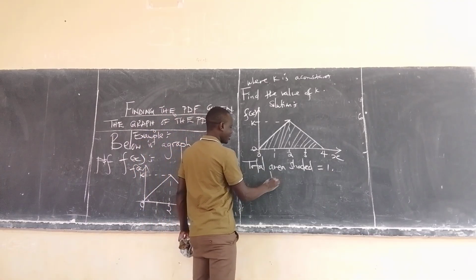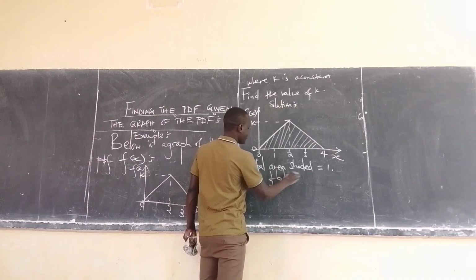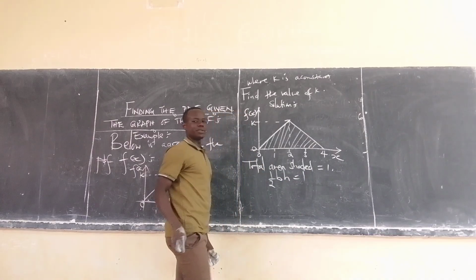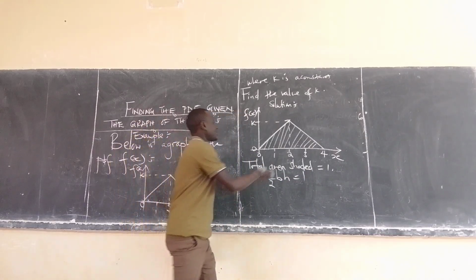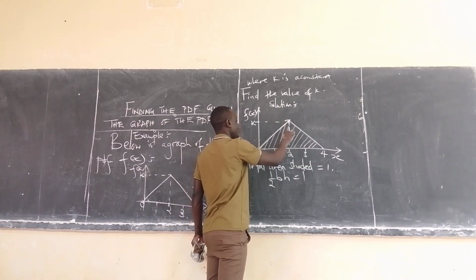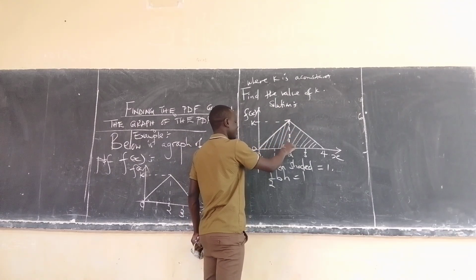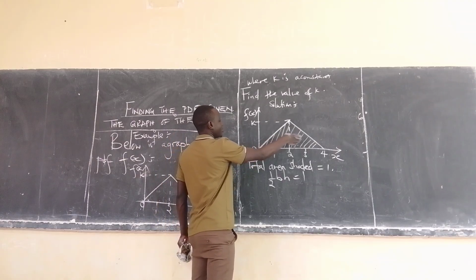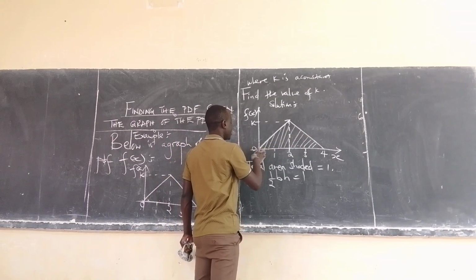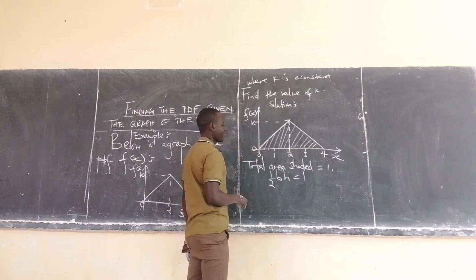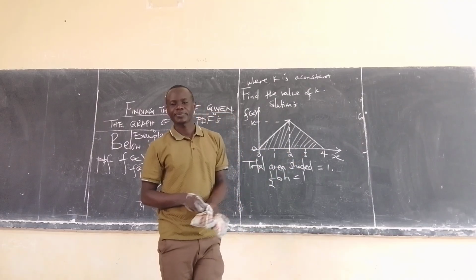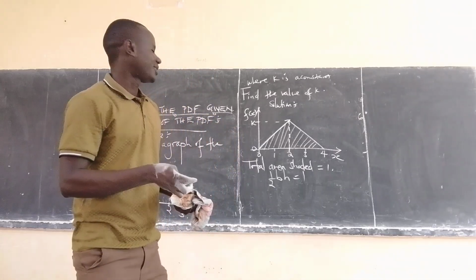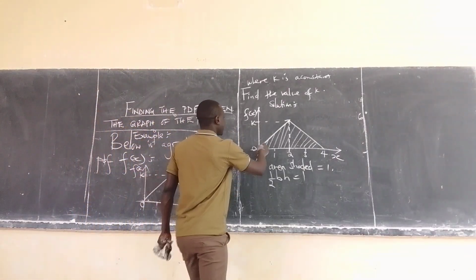And since it is a triangle, a half BH should be a 1. You may separate this into 2, saying this is triangle A, this is triangle B, or you can treat it as one triangle. And because you are the most intelligent, we are going to treat this as one.